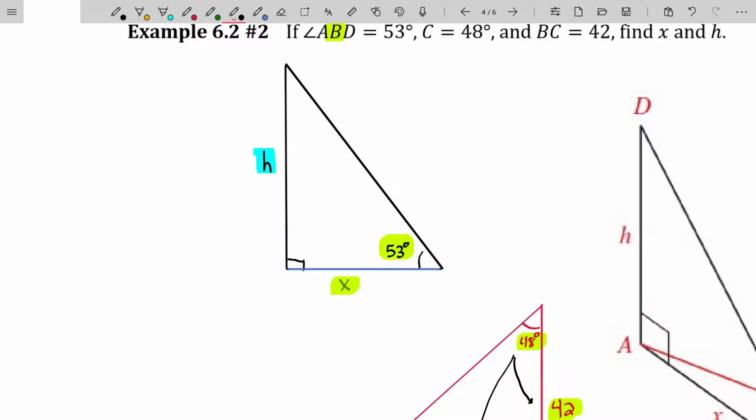So we know that the tangent of 53 degrees is equal to H over X, opposite over adjacent. Multiplying both sides by X so that we can find out what H is, we find that H is equal to X tangent of 53 degrees.